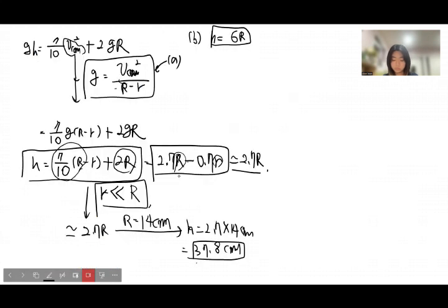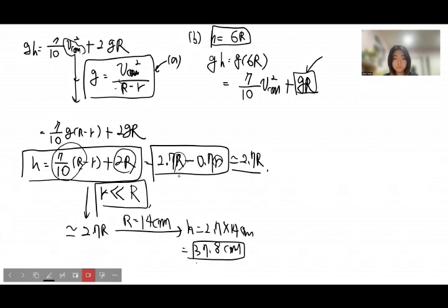So now you have to replace the h with 6R. gh should be g times 6R. Now the right hand side of the equation was 7 over 10 v center of mass squared plus gR. That should be gR. Do you understand why the 2gR just changed to gR, right? Yeah. Okay, previously it was the top of the circular loop, so you had to add 2R.